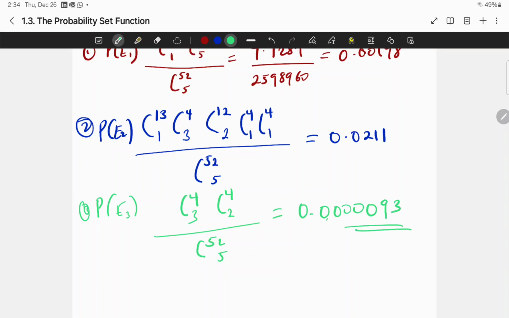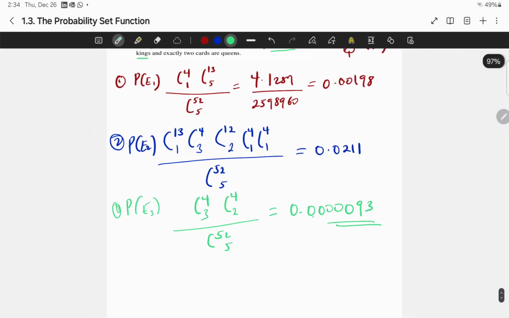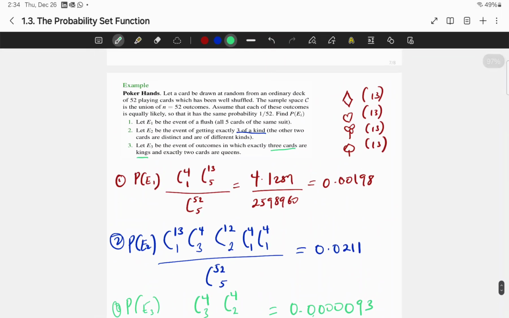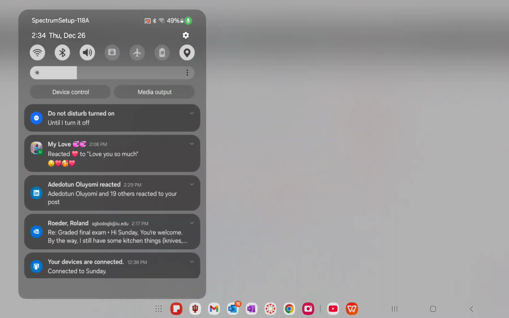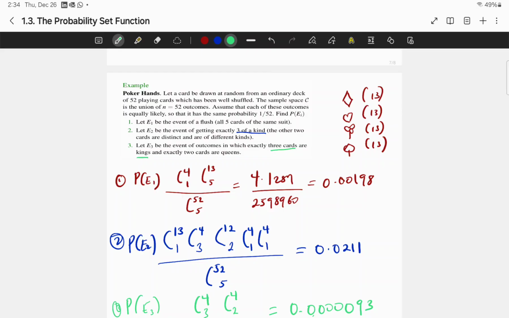So you can just try to Google search and see the poker cards in a clearer picture. And that is where we are going to stop for today. In the next video we will check additional properties of probability, which will lead us to some exercises.